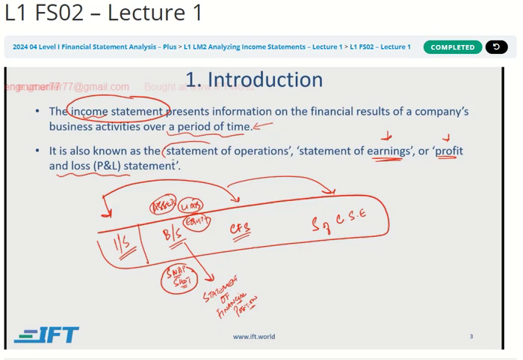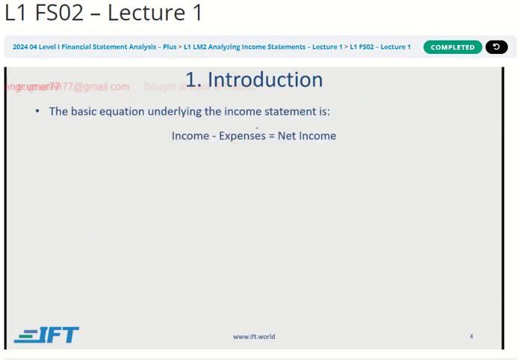And of course, another very important name, statement of operations, that during that period of time, what was the company's operational performance? How much revenue did it generate? How much was its expense? What was the profit it generated? So essentially, the basic equation of the income statement is: income minus expenses is equal to net income.